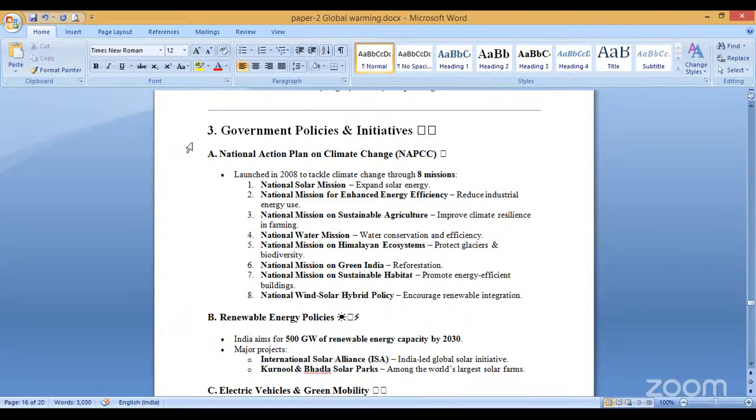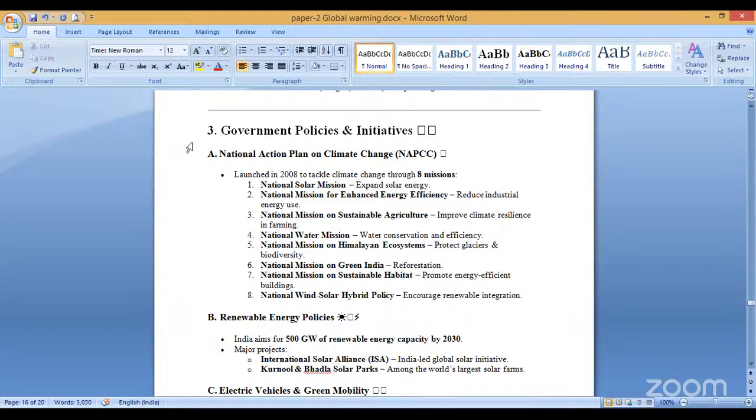The National Mission on Sustainable Agriculture improves climate resilience in farming. The National Water Mission promotes water conservation and efficiency. The National Mission on the Himalayan Ecosystem protects glaciers and biodiversity. The National Mission for a Green India covers reforestation. The National Mission on Sustainable Habitat promotes energy-efficient buildings.